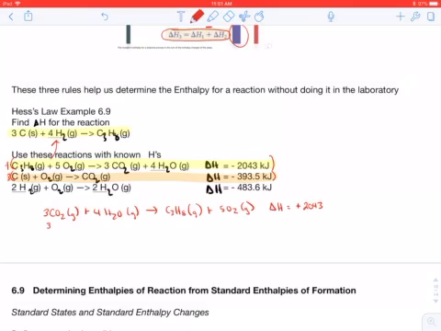So if we throw it on there, 3C solid plus 3O2 gas, arrow, we get 3CO2 gas. So again, we have to manipulate our delta H, and that's going to be 3 times negative 393.5, which comes out to be negative 1,180.5.